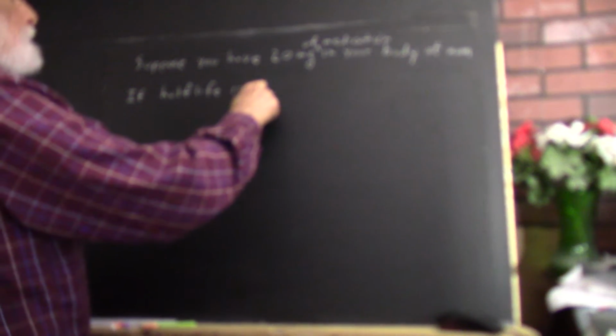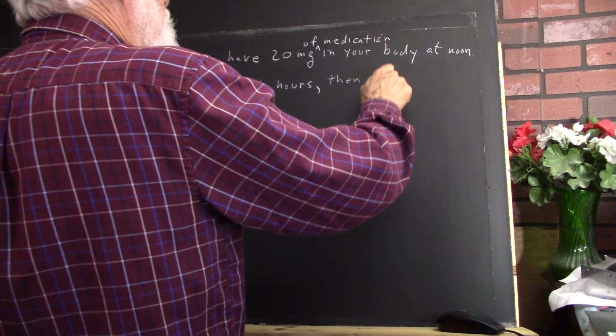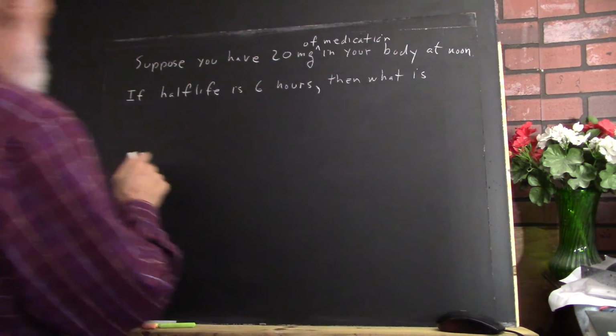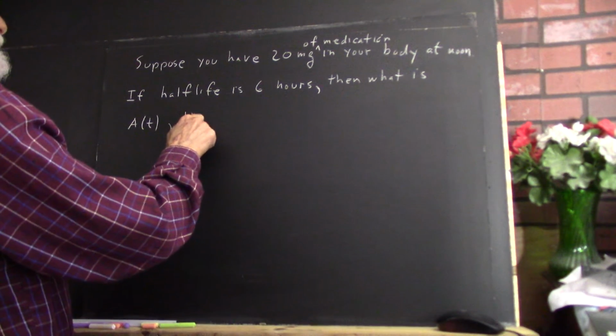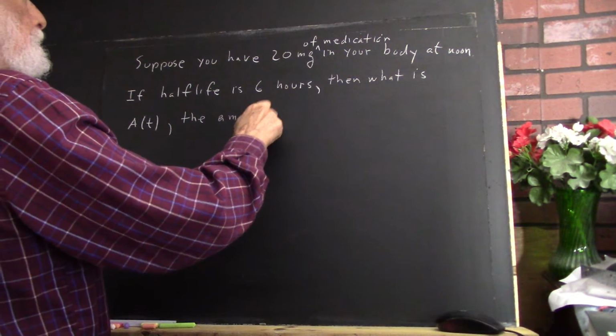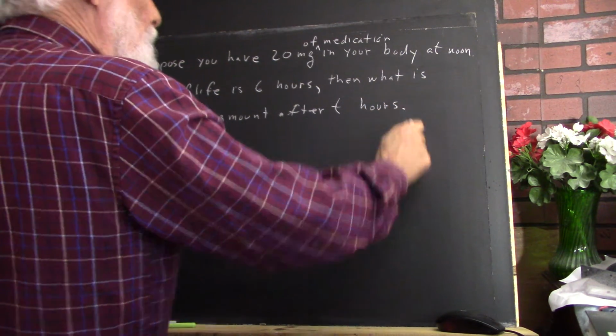If the medication is metabolized in such a way that half of it's gone after 6 hours, then what is, we'll call it, A of T, the amount after T hours?